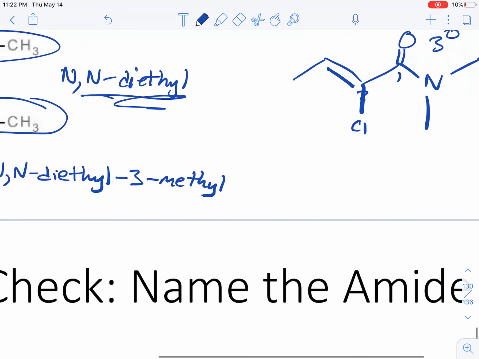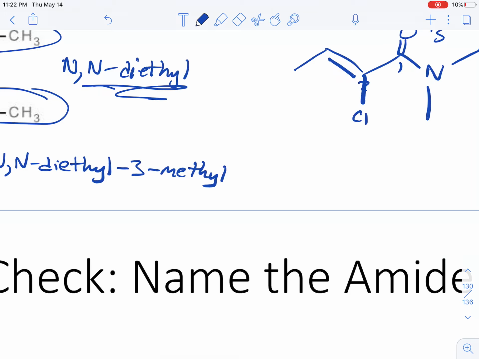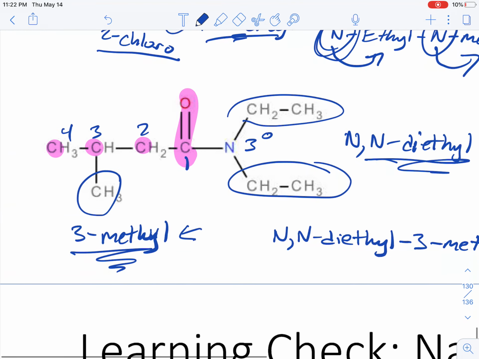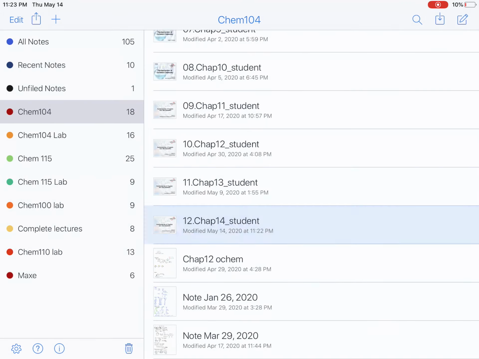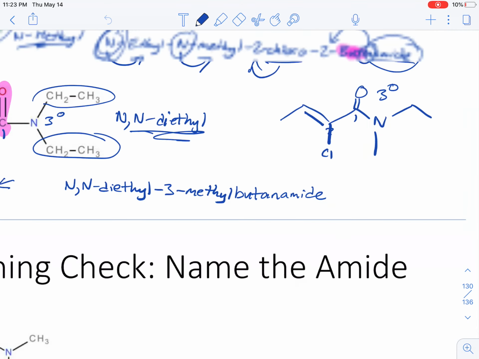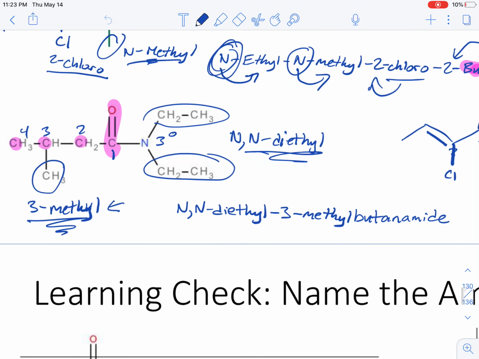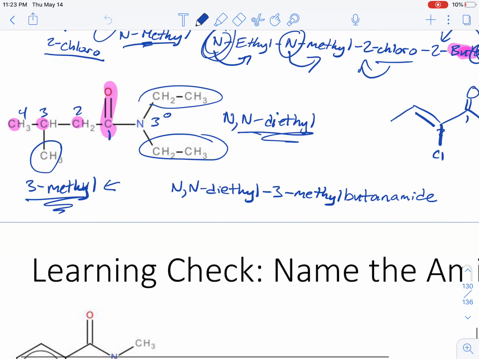Since it's a 4 carbon compound with no double bonds, this is going to be 3-methyl butane, right? It's a 4 carbon compound. Now I'm going to erase the E, put an amide, and I'm done. All right, so the name of this last compound is going to be N,N-diethyl-3-methylbutanamide.